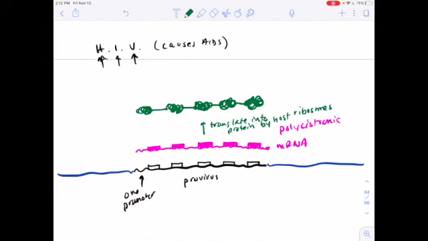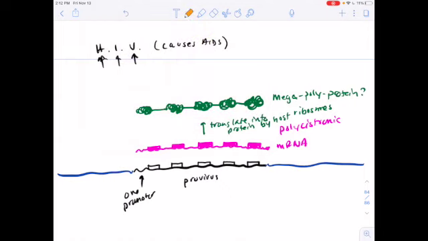Okay, so this is, I don't know what to call this, a megaprotein? Polyprotein? But it's one big protein. It is not functional until it is chopped up into individual proteins. And what does that chopping up?